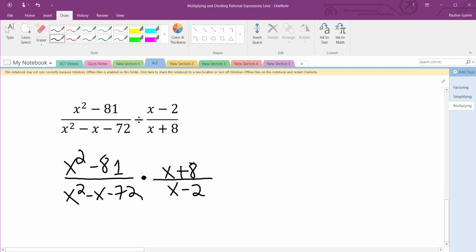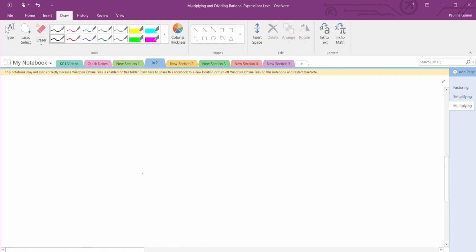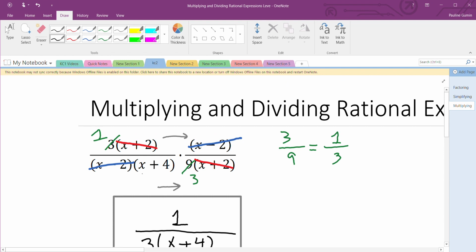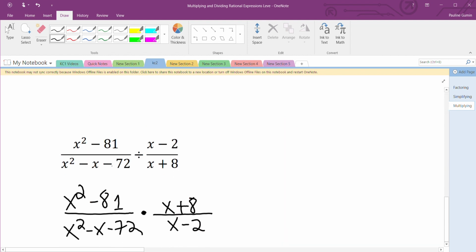Now we can do all the factoring and pretty much everything we did for these problems. So dividing is just multiplying with an extra step. All right, let's get to factoring.